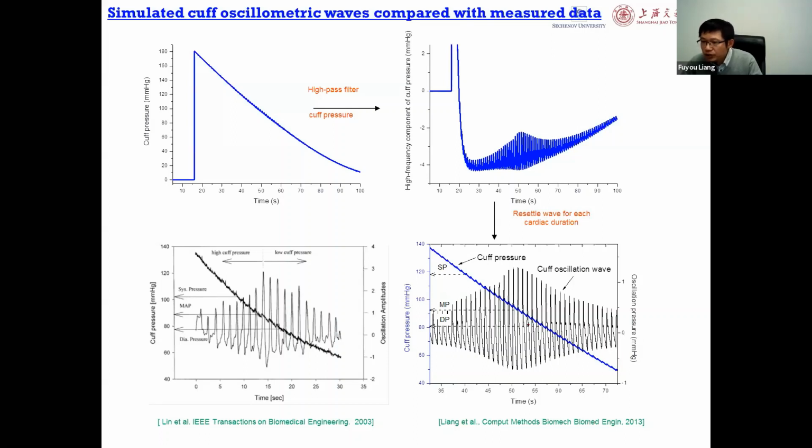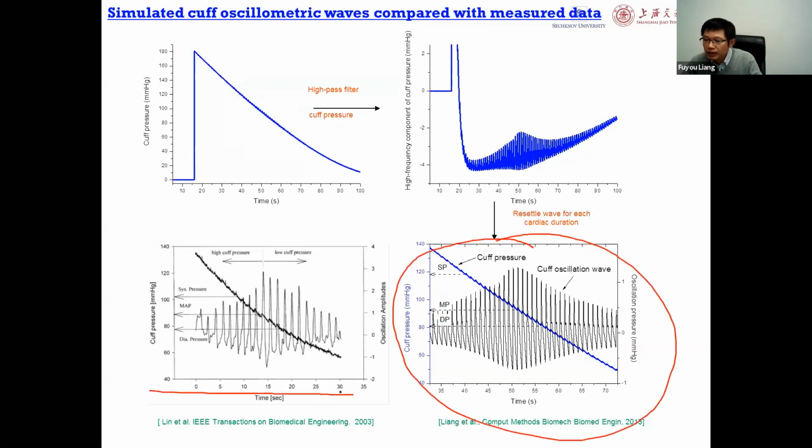Here we show the changes in cuff oscillometric wave with the cuff pressure. This is our model simulated result, and this one is the measured one. You can see they are quite similar.